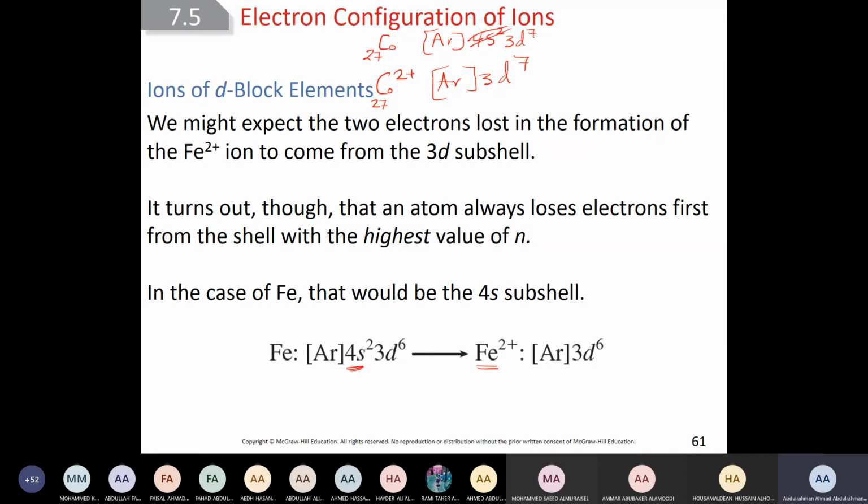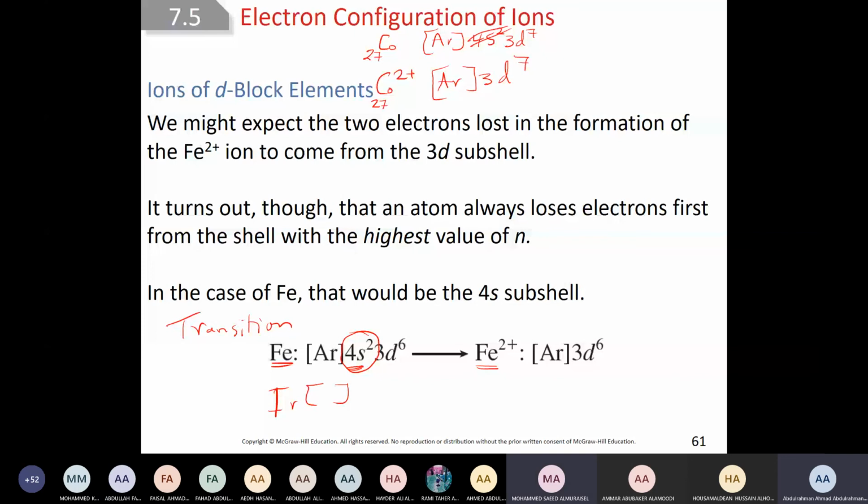All right. For transition metals, when you take the electron, you take it from 4s. Or of course, if we go to the element under iron, I don't know what it is. Do you have a table? I don't have a table with me. What's under Fe in the periodic table? Ru.